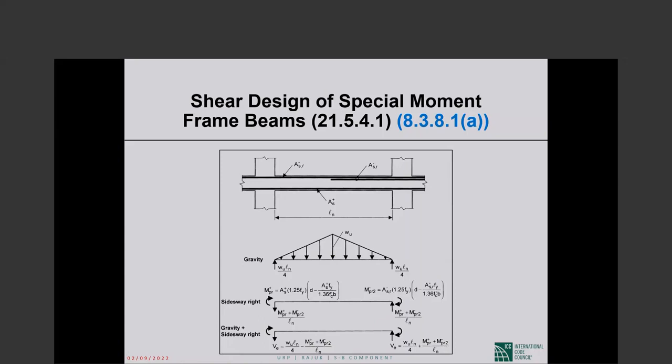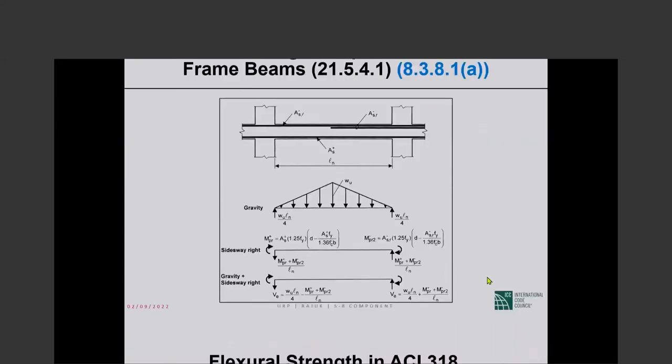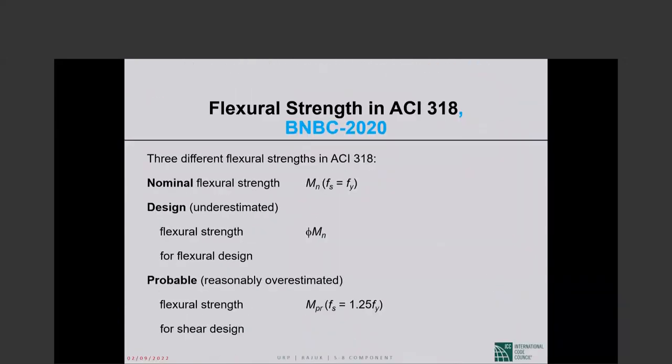Now the largest bending moment that can develop at a section, we have a name for it. We call it probable moment strength. So there are three different flexural strengths in ACI 318. There is the nominal flexural strength, which we have talked about, calculated using nominal member dimensions, nominal reinforcement, whatever we designed for.